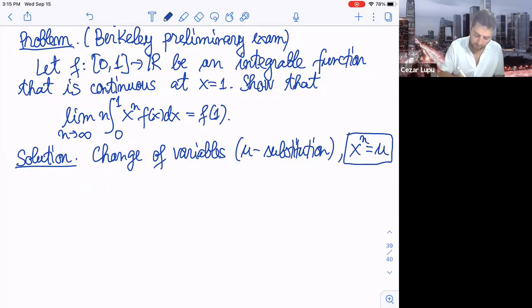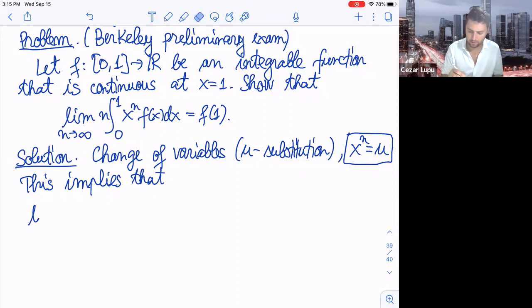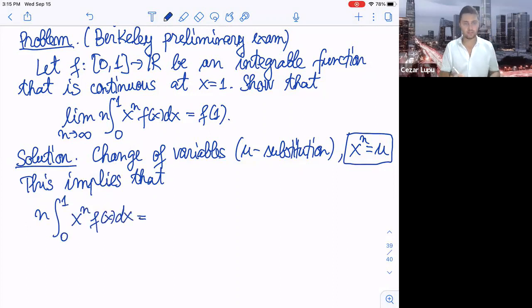In other words, I don't need to pass the limit yet, n times the integral from 0 to 1 of x to the power n minus 1 times f of x dx will be equal to the integral from 0 to 1 of f of the nth root of u du.